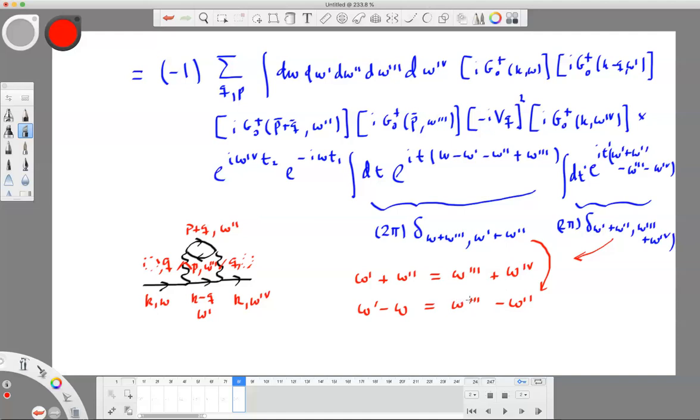So I'm going to name this difference, and I'm going to see that the labeling I choose is consistent. I'm going to name this omega prime minus omega, I'm going to call it minus epsilon, and I'm going to leave this side like this.